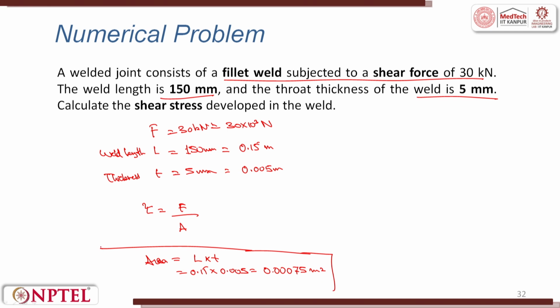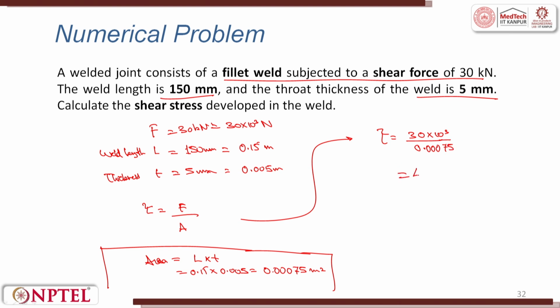Now, this area I will put here, this gives me tau is equal to force, which is 30 into 10 raised to power 3, and area is 0.00075.